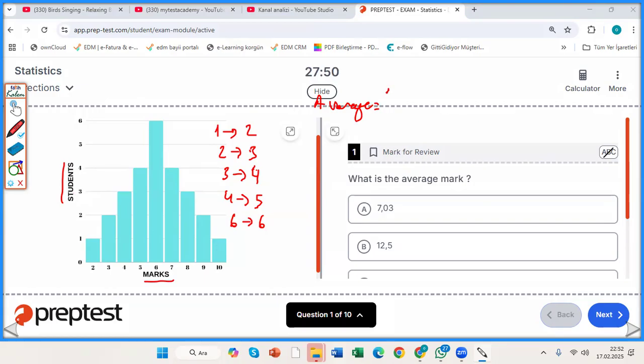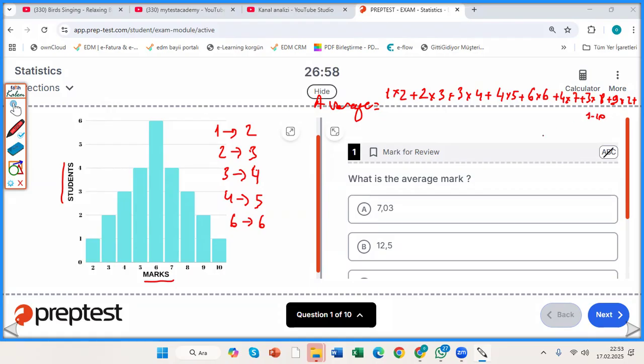1 times 2 plus 2 times 3 plus 3 times 4 plus 4 times 6 plus 6 times 6 plus 4 times 7, and plus 3 times 8, and plus 8 times 3, and 9 times 2, and as far as I see, it is 1 time 10.